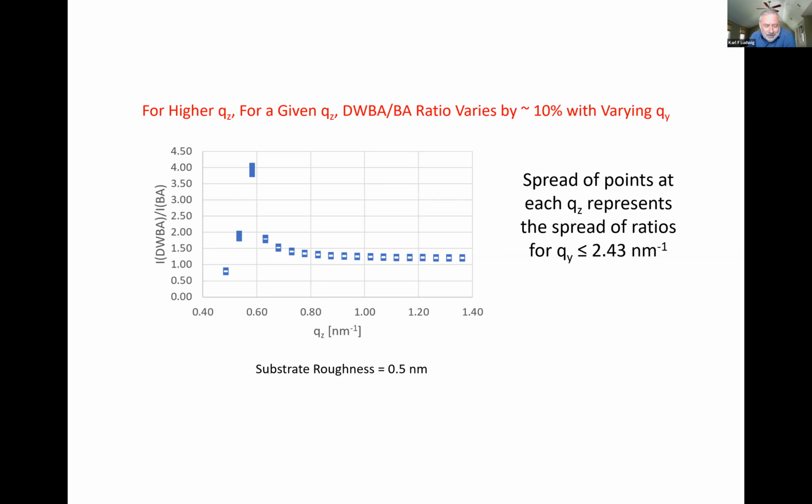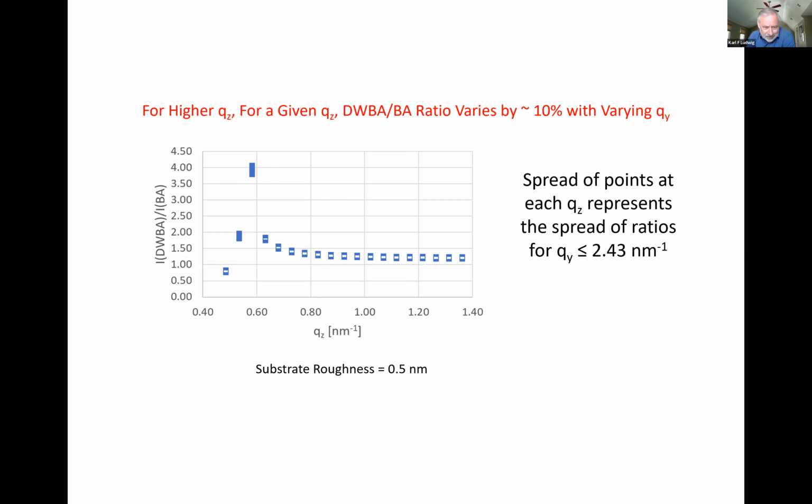Here is a plot as a function of QZ for the ratio between the DWBA and the BA, for this case, again, of going in above the critical angle. And of course, there is this big QZ variation, which is exactly what Sunny has been referring to.